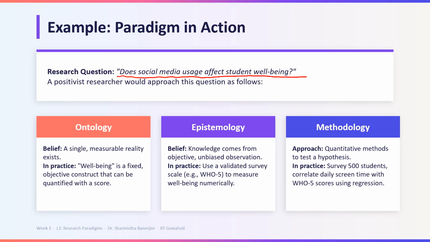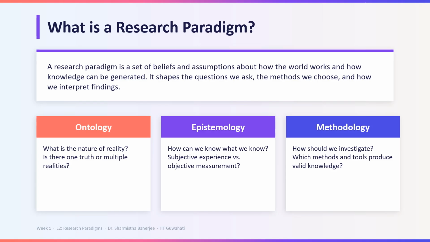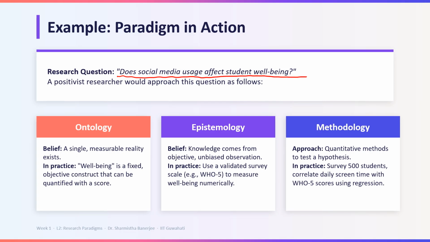So, the ontology over here. Let's recall, ontology is about the nature of reality and whether there is one truth or multiple truths. A positivist will say that a single measurable reality exists. In practice, this implies that well-being is a fixed objective construct that can be quantified with a score.